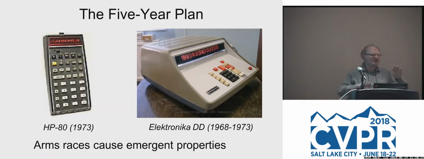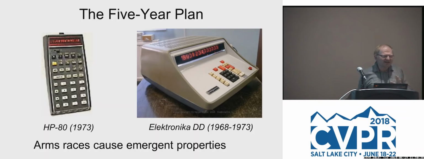And the fact that GANs intrinsically have this arms race mentality in them, I think is a really great idea, because they are able to create things that a stable loss, 5-year plan loss function is not going to foresee.